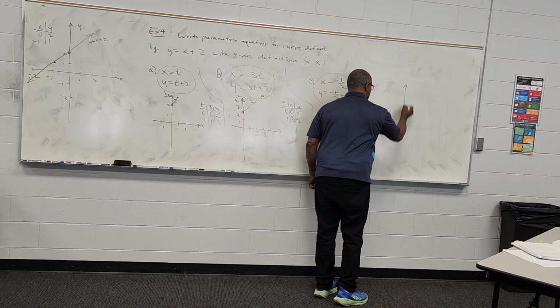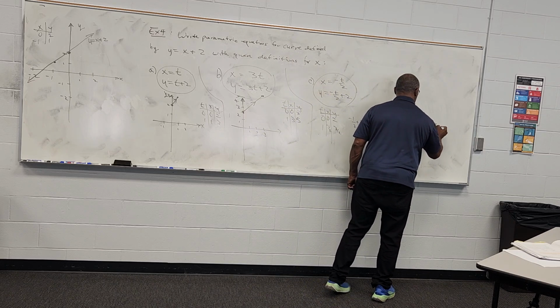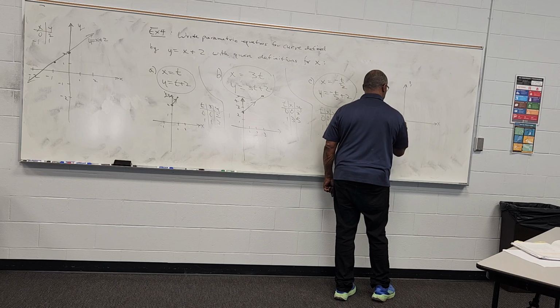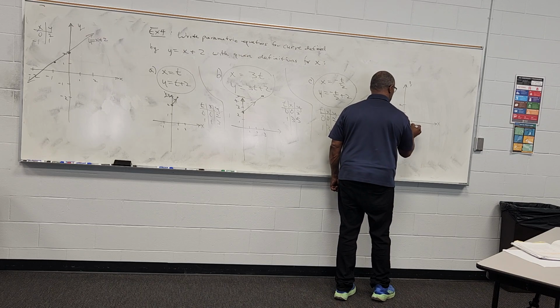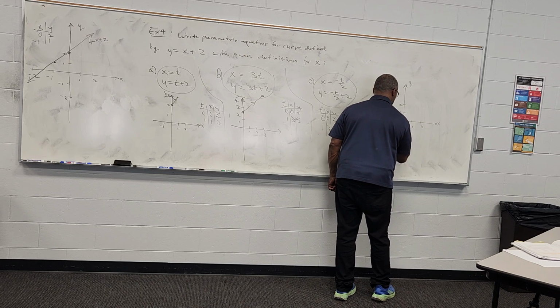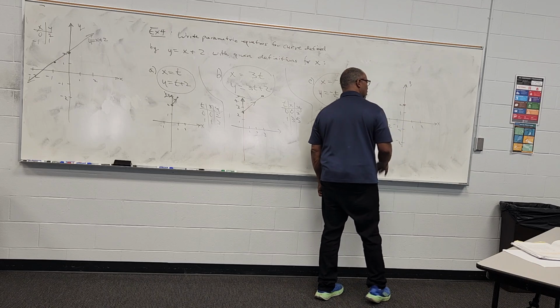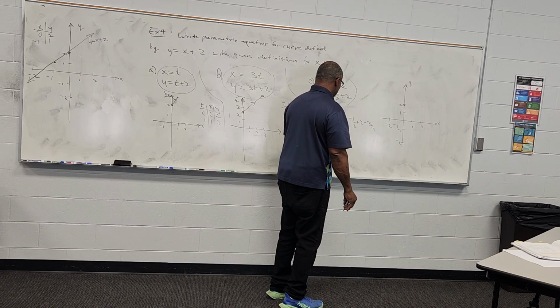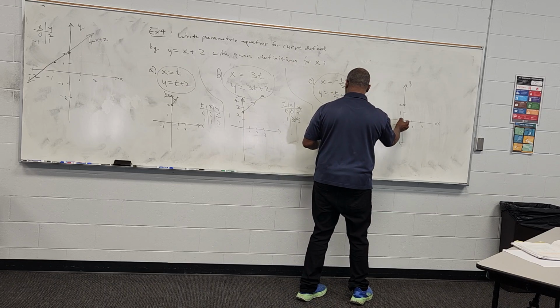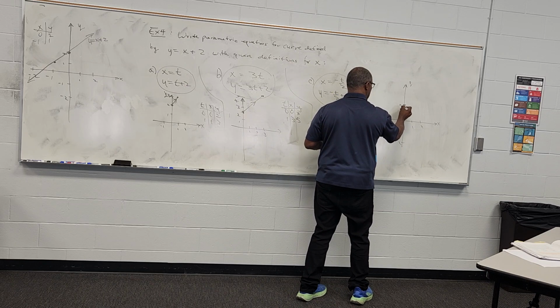So this parameterization still starts off at 0, 2. They all did. But x goes to negative 1 half and y to positive 3 halves. This one goes from here to here, and this time it's going in this direction.